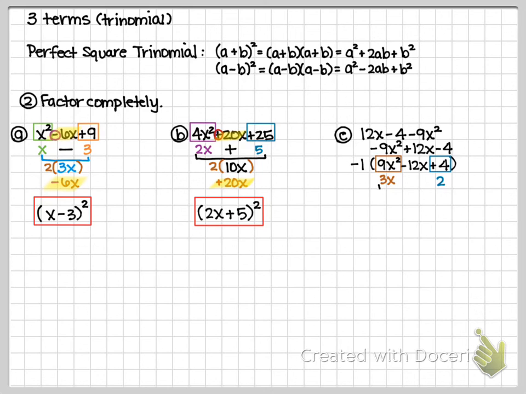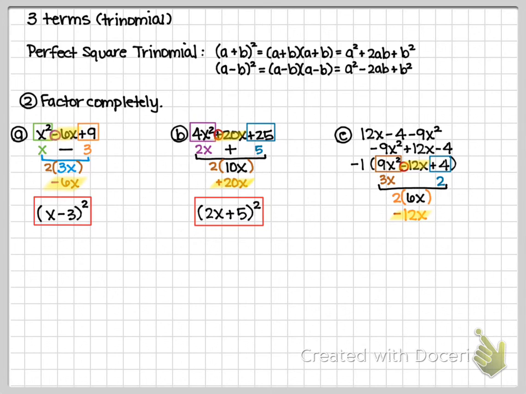Okay, now let's take these two guys together, the 3x and the 2, and we're going to multiply. It gives me 6x. After I multiply, now I'm going to double it. So let's take this and times it by 2. So that's going to give me a 12x. Go back up to the question. In the middle term, it's a negative, and we're going to bring that negative sign with us. Now, is the value that we just created identical to the value in the middle?